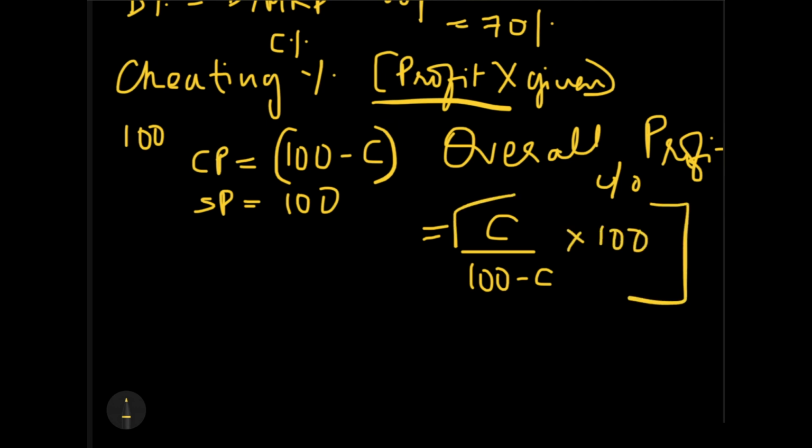So this is the overall profit of the person. So you understood what happens in cheating when it is said that there is no profit for the shopkeeper, but he does cheating. That's why this is the overall profit which he gets. So if you understood it, you can simply learn or remember this formula and come down to the second step.